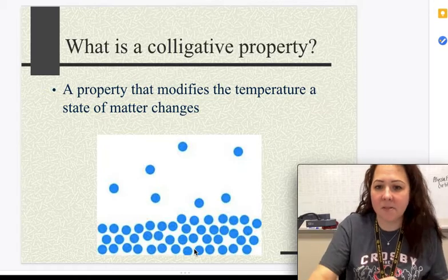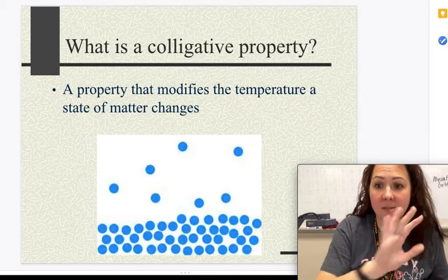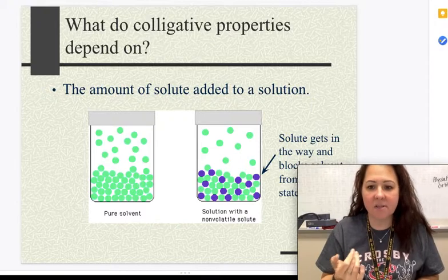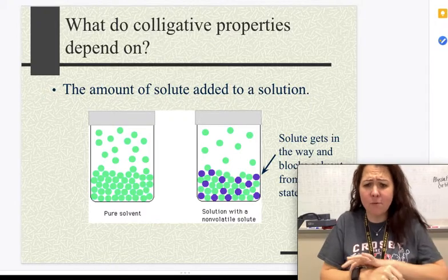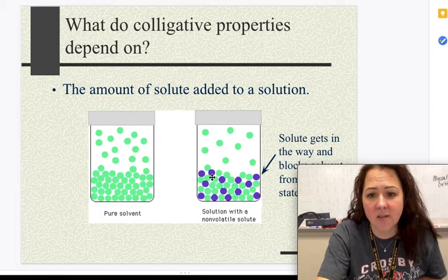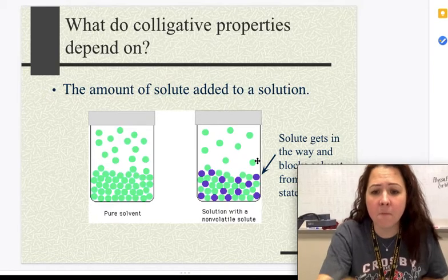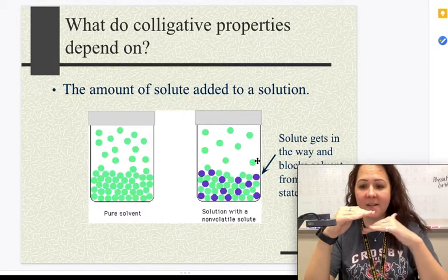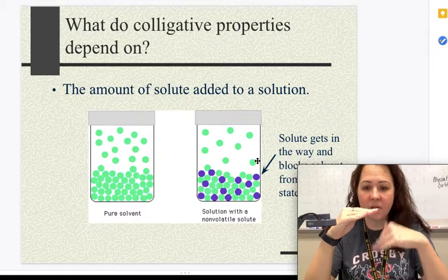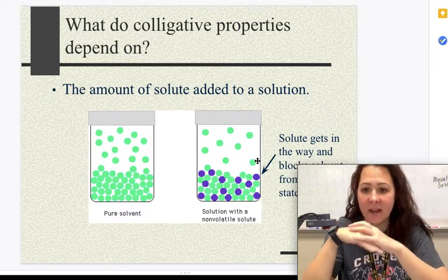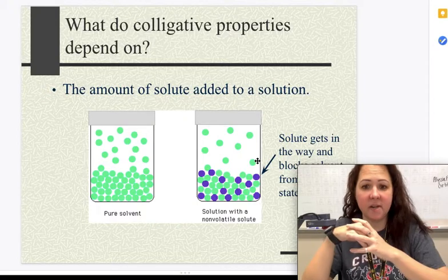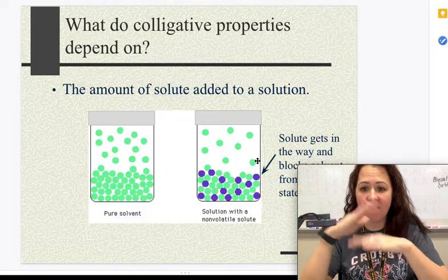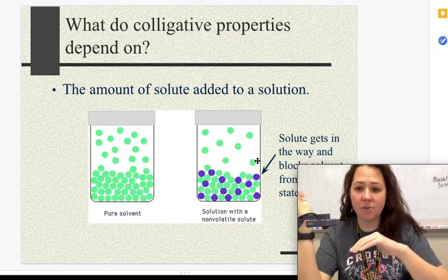Well, what happens here is you're going to add your solute to your solvent. When you add the solute to the solvent, you have those extra little particles, the little solute particles, this purple thing right there, that acts like a roadblock. And when it acts like a roadblock, it doesn't allow the particles underneath it to freely go into that gas state of matter or into that liquid state of matter. The opposite effect of that, when it's in the gas state, when it hits one of those particles, maybe it bounces away.